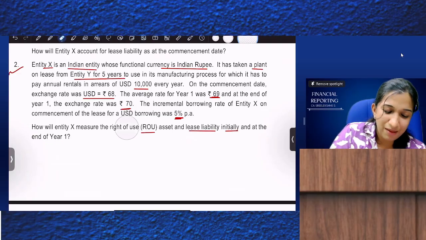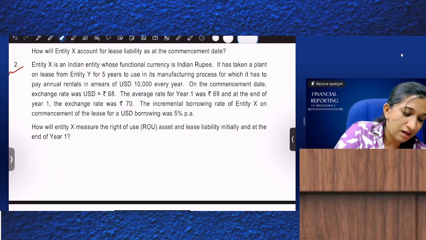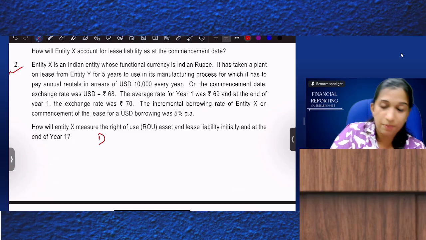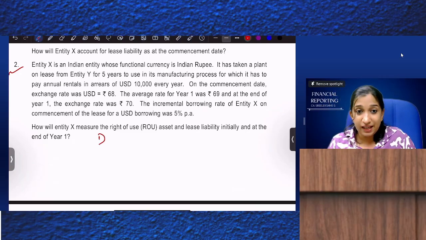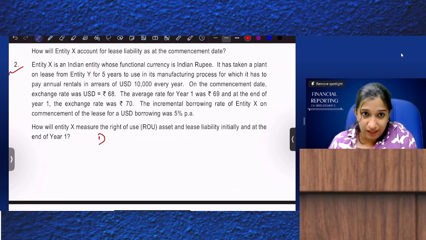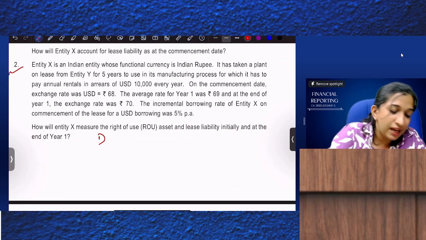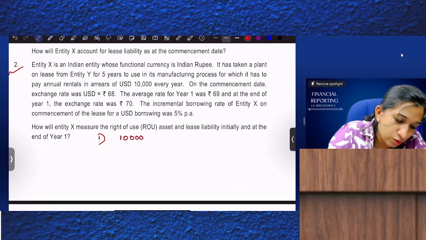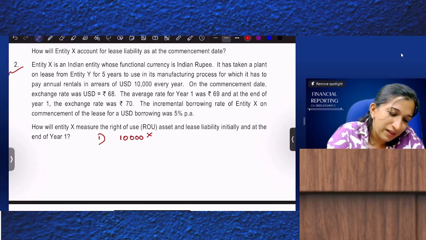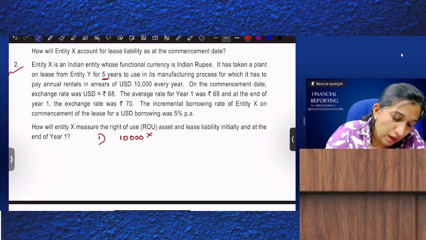It can be a 5 marks or 6 marks question. What is my first step? Entity X, an Indian entity, takes a plant on lease. Lease liability is 10,000 into how many years? 5 years. So the annuity factor at 5% for 5 years is 4.329.